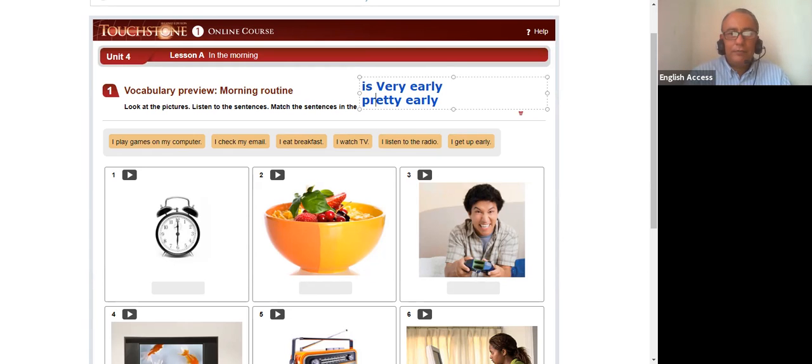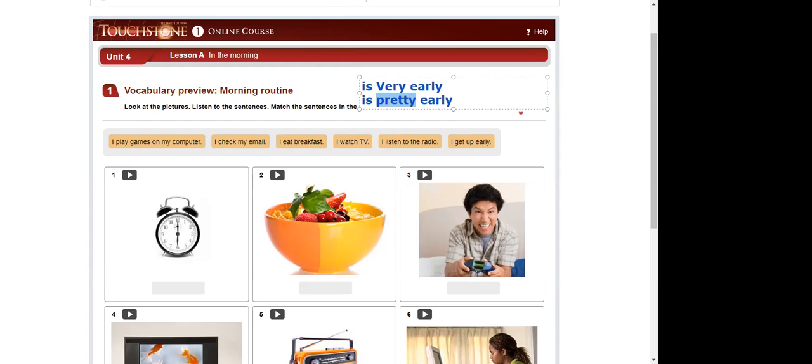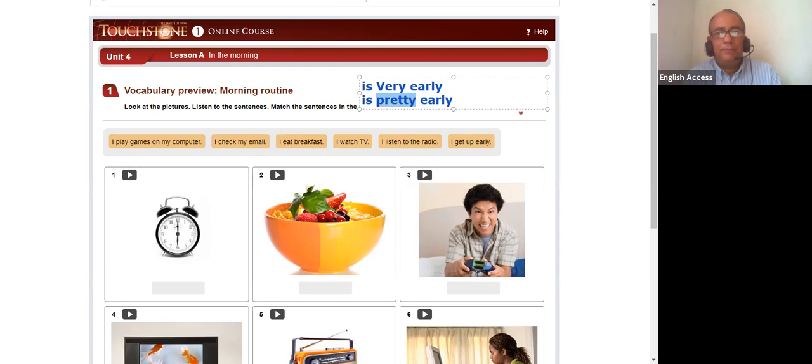It's very early o it's pretty early. Imagínate tempranito, a las 6 de la mañana, todo está oscuro. Oh, it's very early o it's pretty early. Significa lo mismo. Aquí pretty no quiere decir que la madrugada está bonita, más bien que es muy temprano. ¿Vale? Y lo comparo con very porque tiene prácticamente la misma función. Same function, very and pretty. ¿Sale?